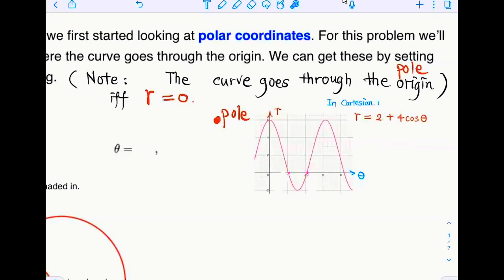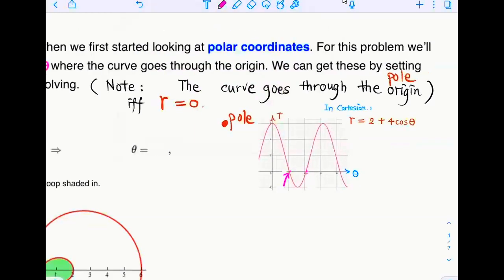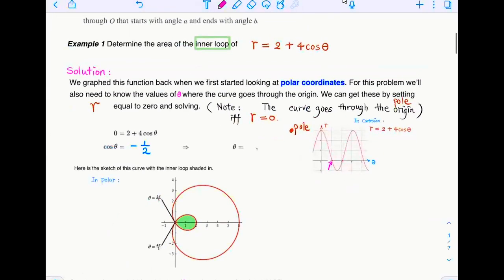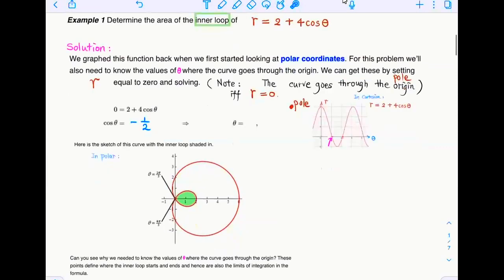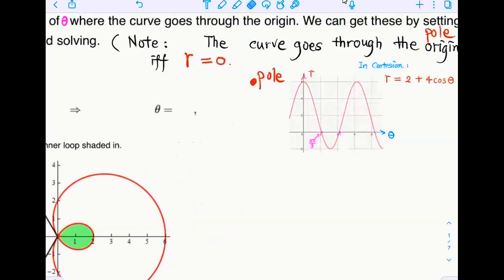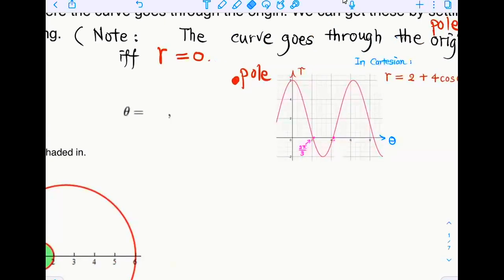So what would this angle here be? Cosine of what equals negative 1/2? This one here is 2 pi over 3. And what about the other angle? 4 pi over 3. Yes, you got it.